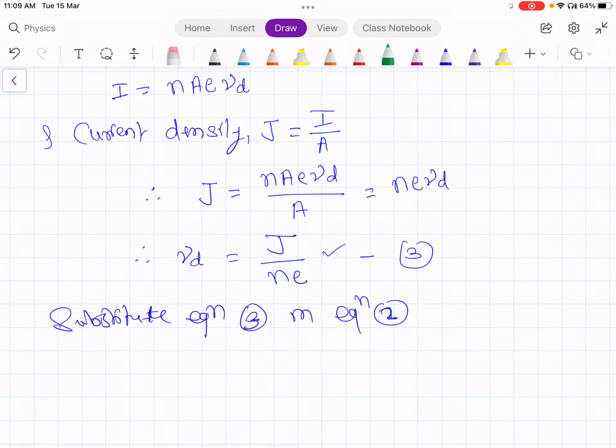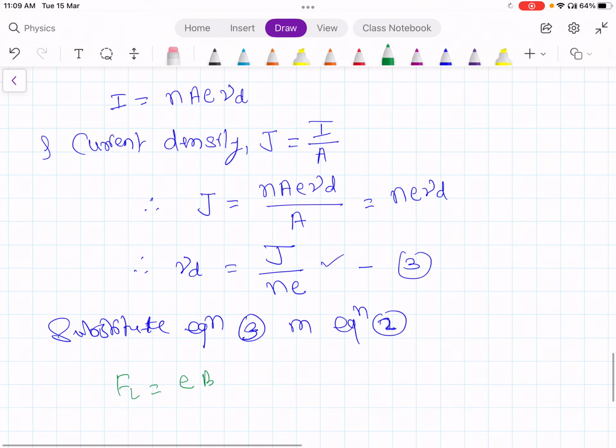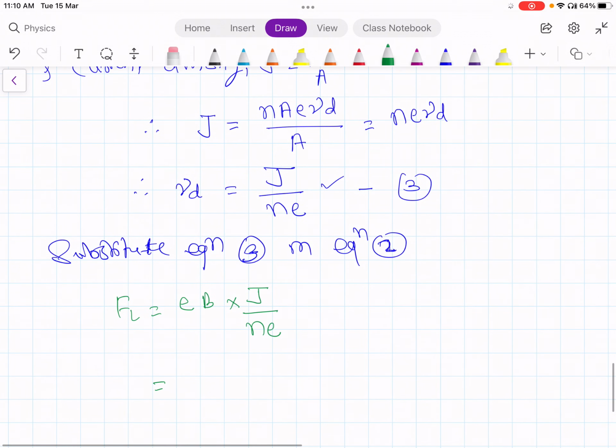Then we get Lorentz force FL equals e B into Vd, which is J upon N e, and that equals B J by N, which is the Lorentz force.